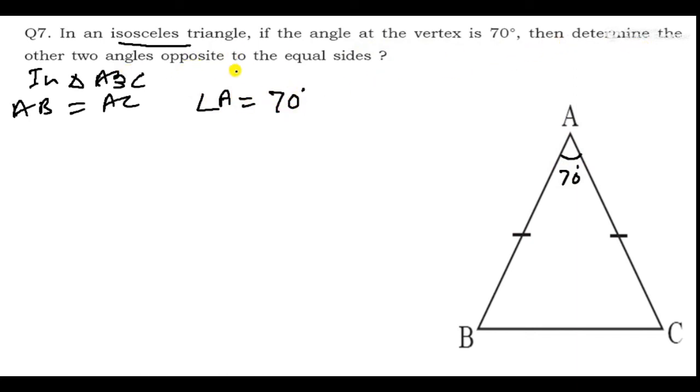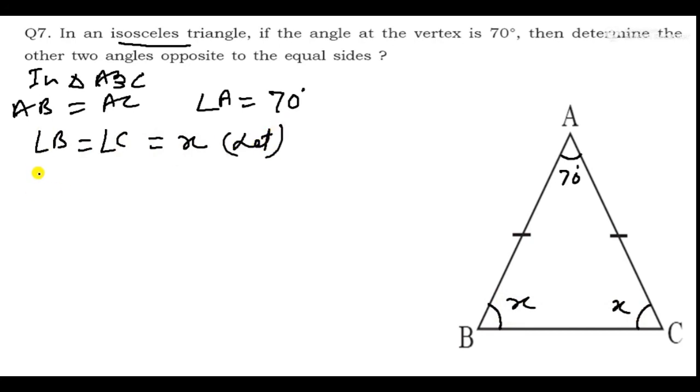Then determine the other two angles opposite the equal sides. Suppose these are B and C, we have to find them, and let it be X. So angle B is equal to angle C is equal to X. Both are equal, so it is X degrees.